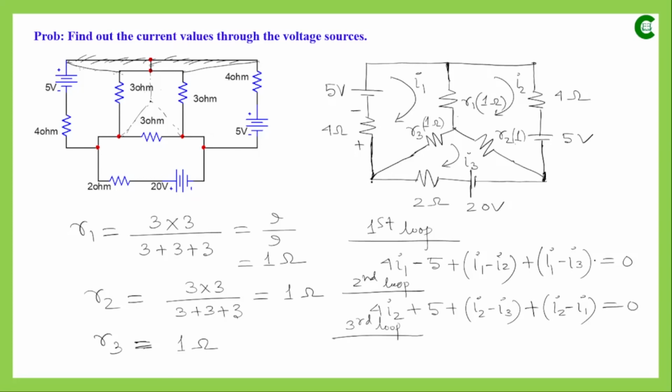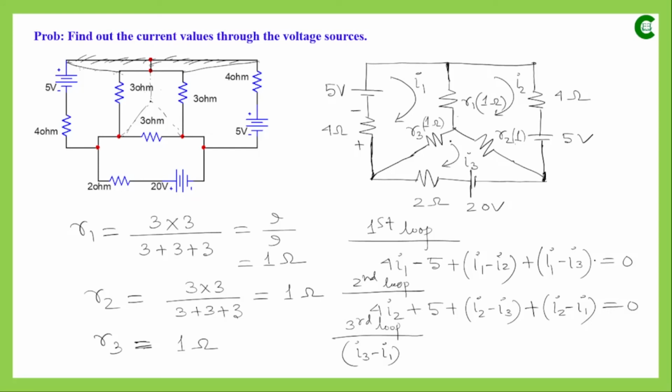Suppose we want to start our journey from this point, and if we go by the direction of I3, then through R3, I3 minus I1 current will be flowing. So the voltage drop will be I3 minus I1 into the resistance value which is 1. Then the next component is R2.